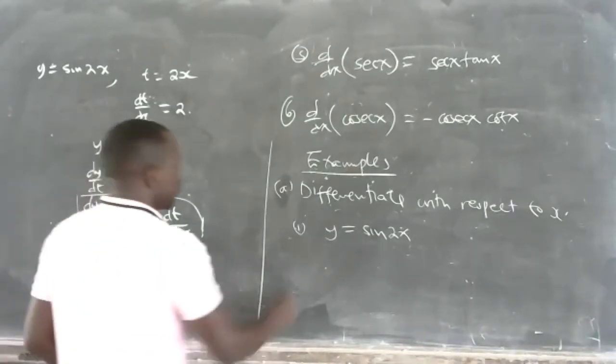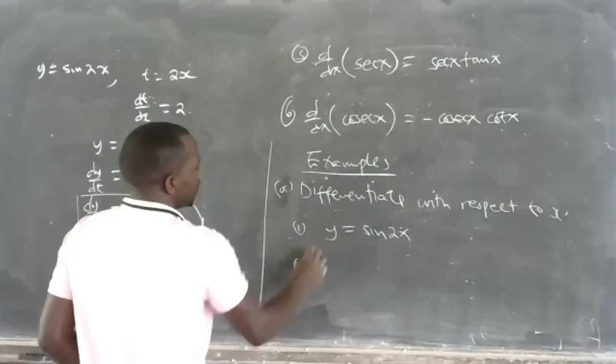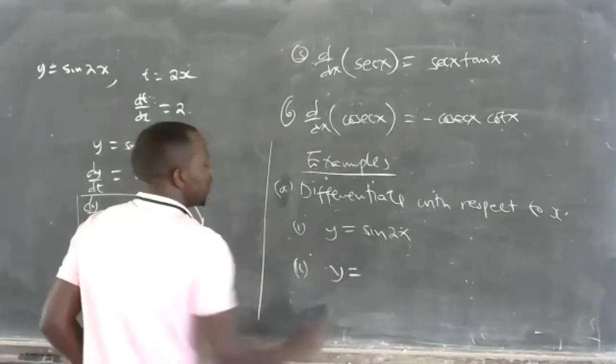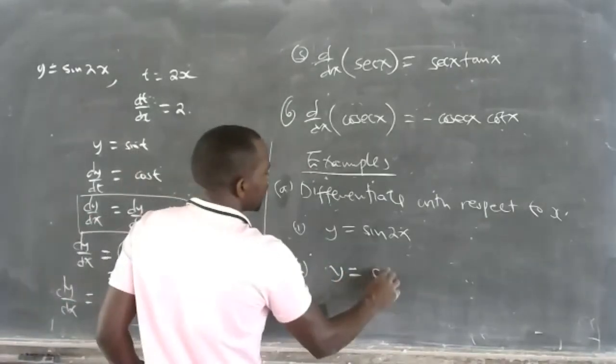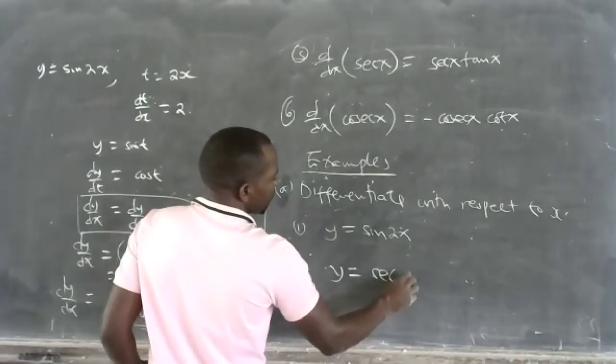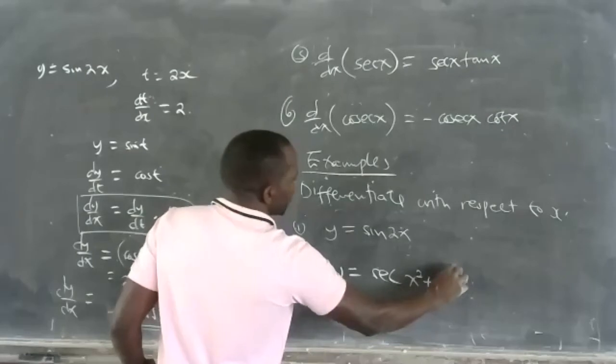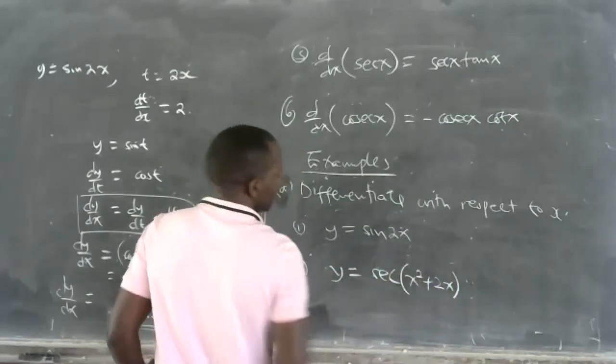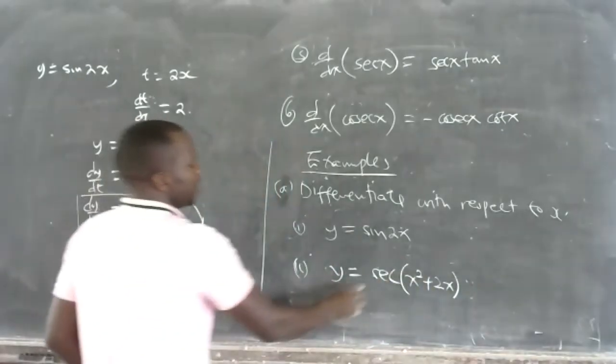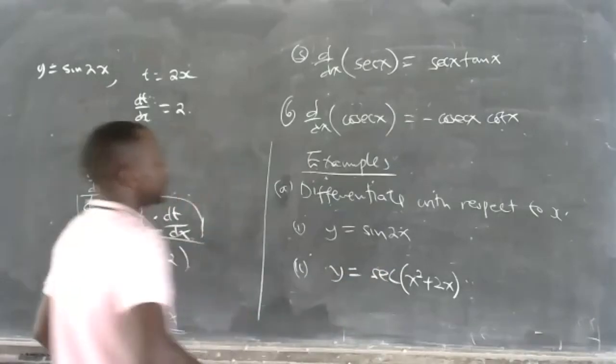Okay, do for me this question. This is your number: y equals sec of x squared plus 2x. Do that question.